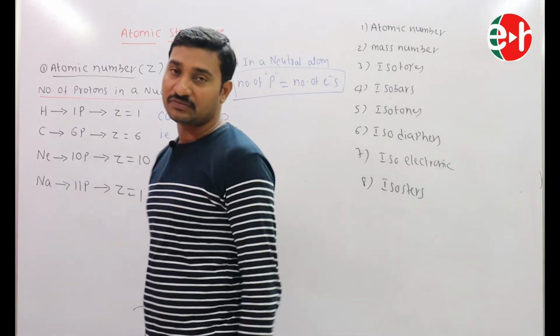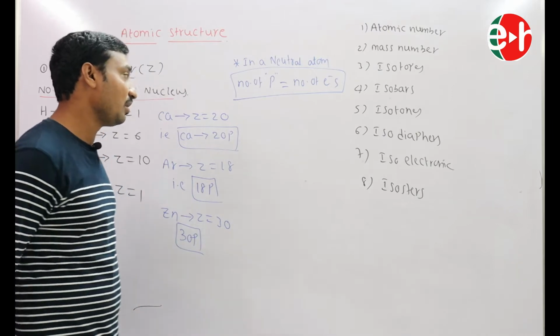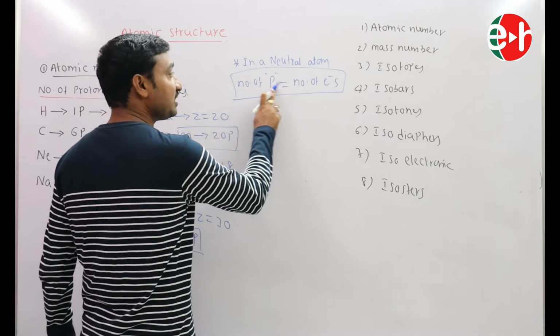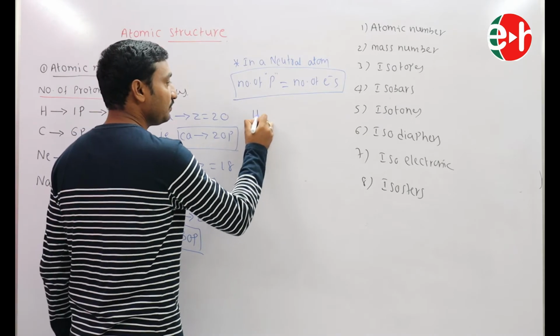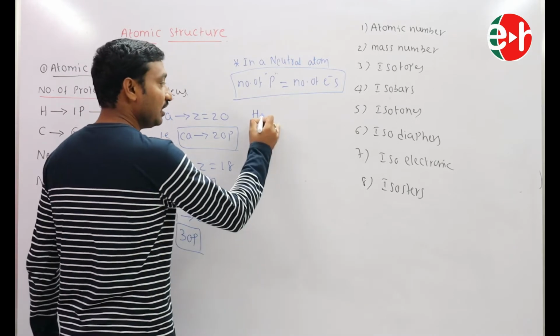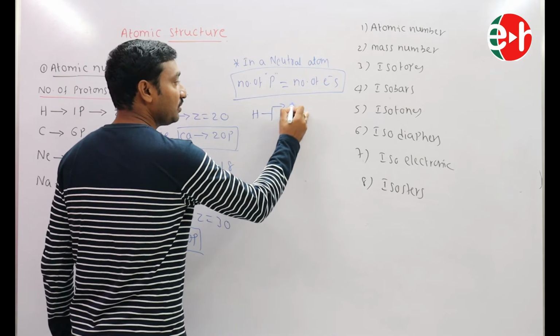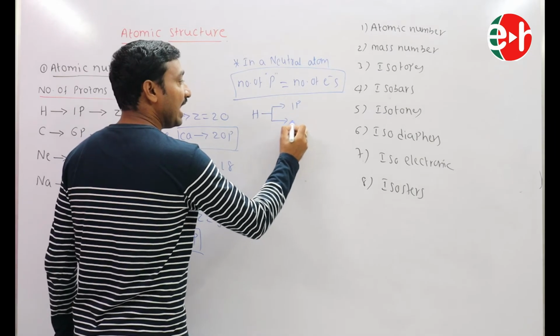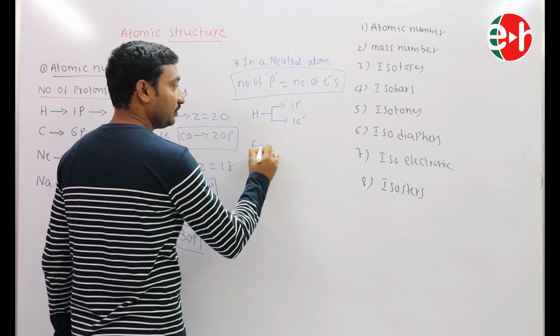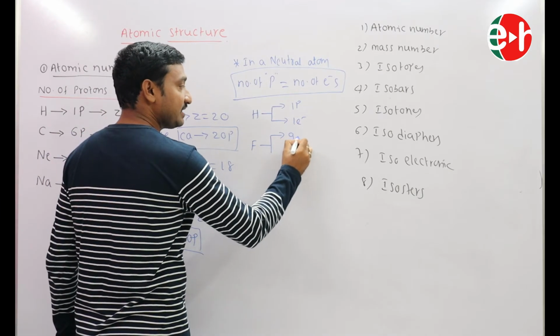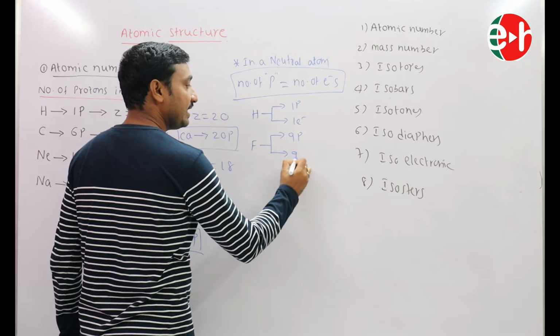In a neutral atom, that means there is no charge on the atom, then the number of protons is equal to the number of electrons. For example, a neutral hydrogen atom has 1 proton and 1 electron. Fluorine, a neutral atom, has 9 protons, 9 electrons.